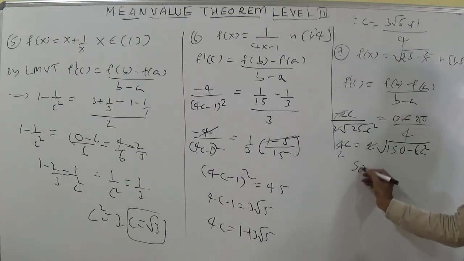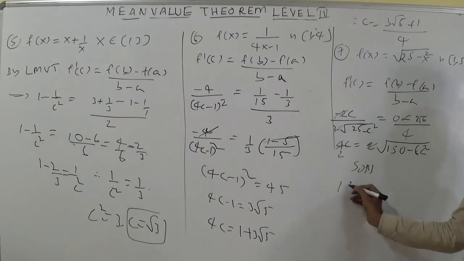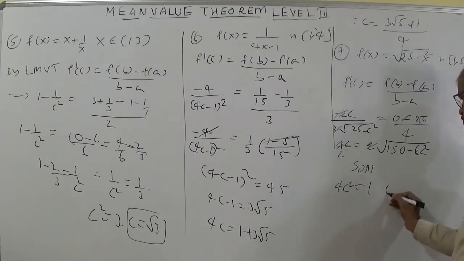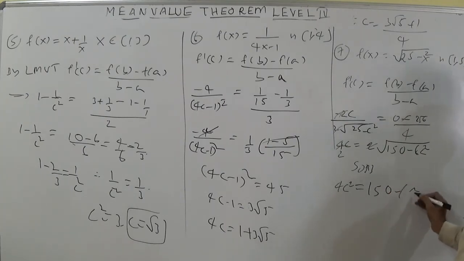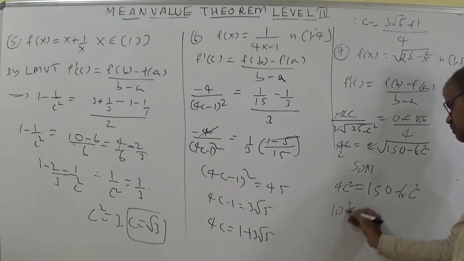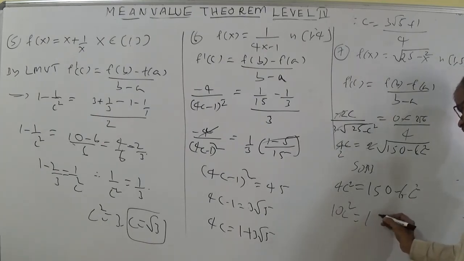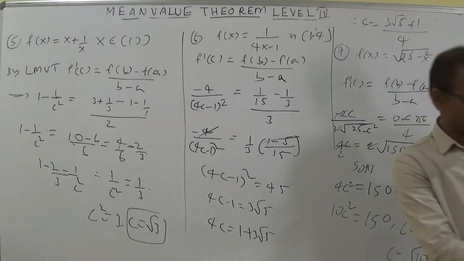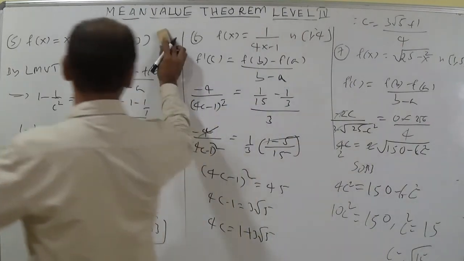Now squaring on both sides, 4c square is equal to 150 minus 6c square. Minus 6c square taken this side, it becomes 10c square. 10c square is equal to 150. c square is equal to 15 and c is equal to root 15. c is equal to root 15 is the third option given.